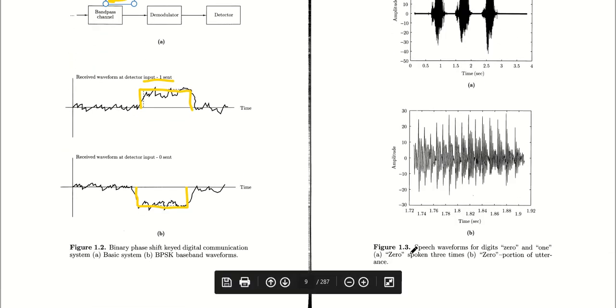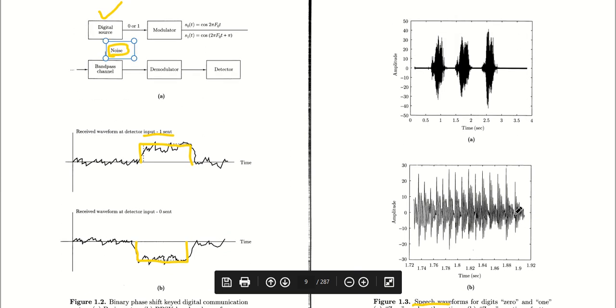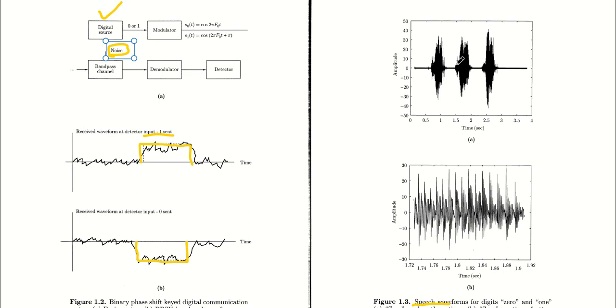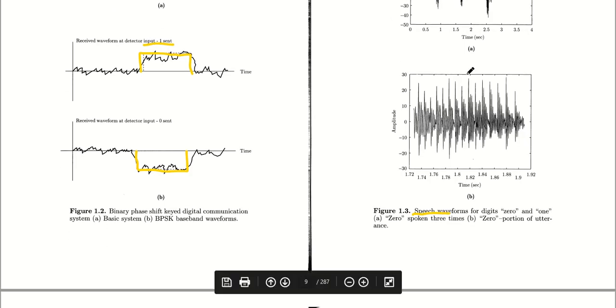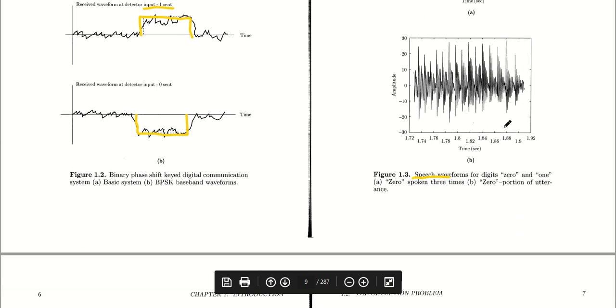And for speech, this is the pronunciation of a vocabulary, 0 and 1. So you pronounce 0, 0, 1, and then you get a waveform like this. You can see that it has a sequence of waveforms.